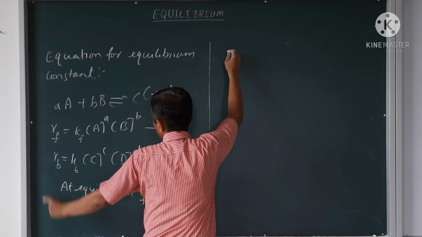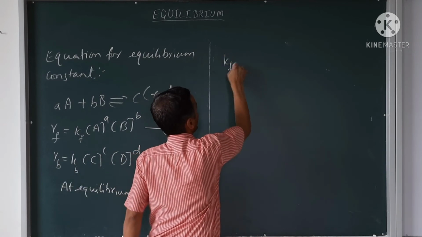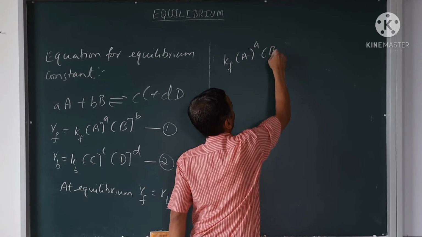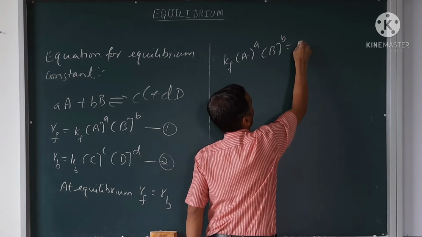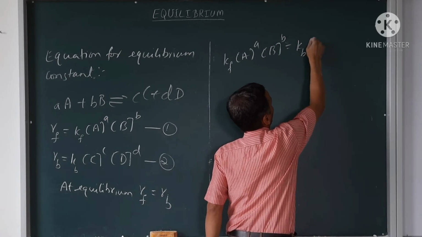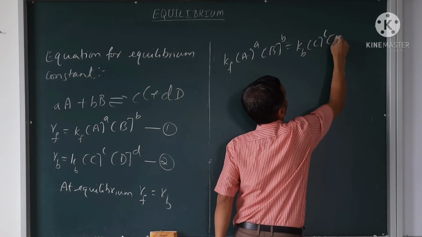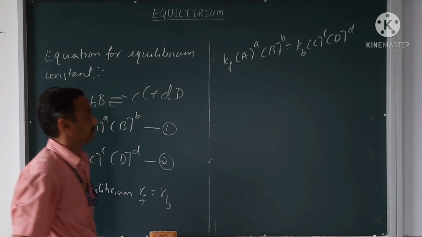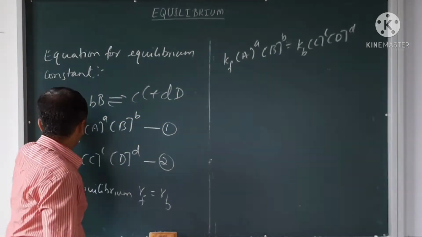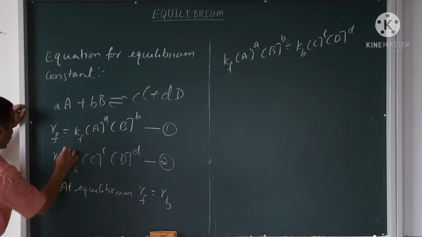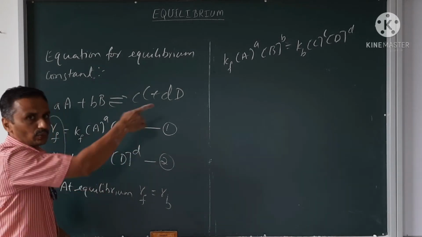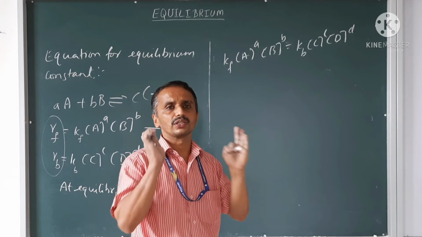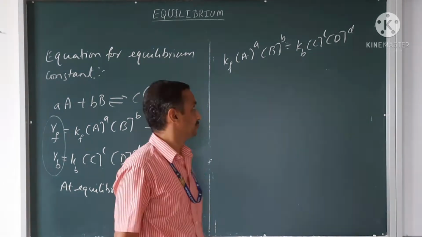So Kf into [A] to the power a into [B] to the power b should be equal to Kb into [C] to the power c into [D] to the power d. Left hand side equal to each other means the right hand side should be equal to each other.